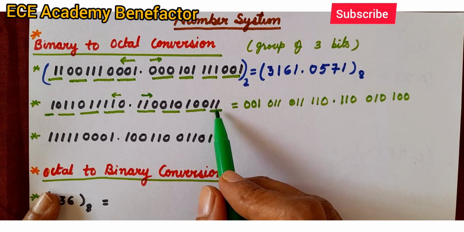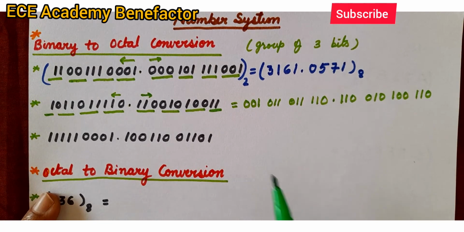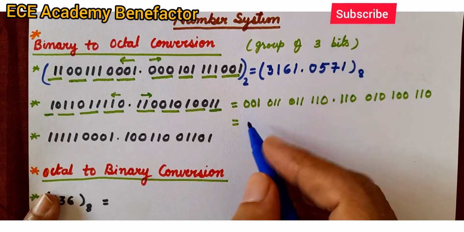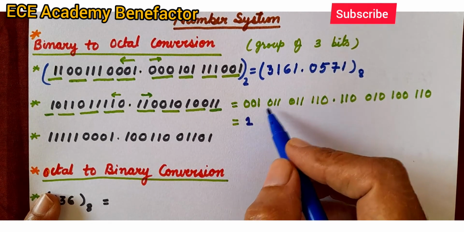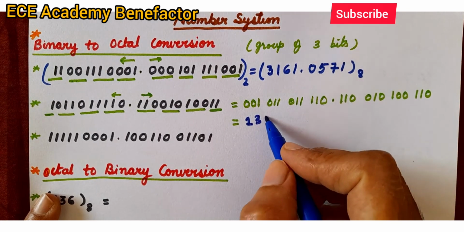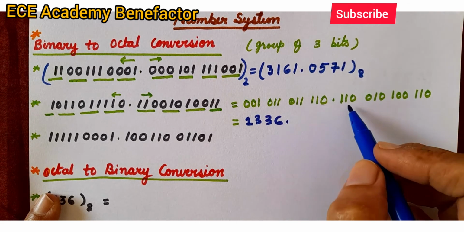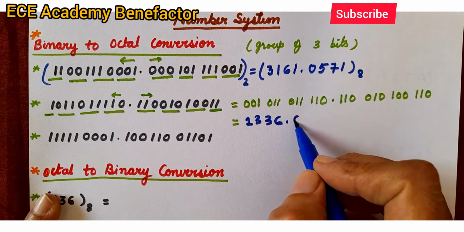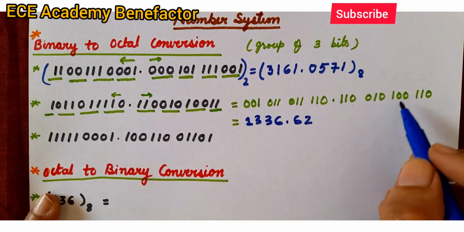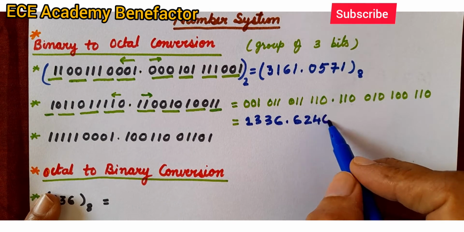You are left with only 2 here, so you can add 0 here. So, what is it now in octal? 001 is 1, this is 3, and here it is 6, dot, this one 110 is 6, 010 is 2, 100 is 4, 110 is again 6.